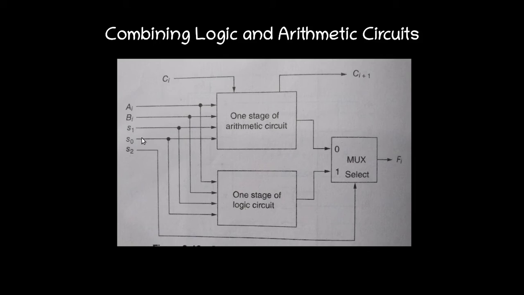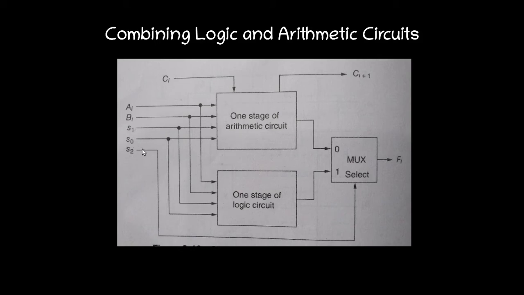So based on the S0 and S1 values, that is the select lines, the arithmetic circuit will perform some arithmetic operation, and that output will be available here, and the logic circuit will perform the corresponding logic operation. So both calculations will be done, the arithmetic operation and the logic operation, based on the values of S0 and S1.